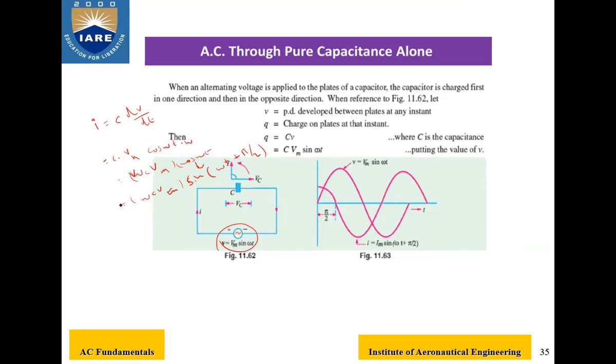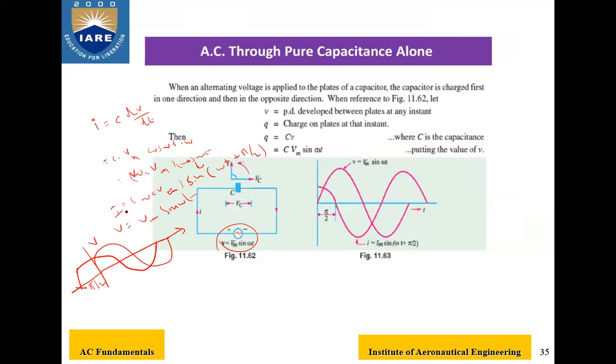So when we compare, this is the current waveform, and the voltage waveform is Vm sin omega t. Plus pi by 2 means that prior to the voltage waveform, before pi by 2 angle, the current waveform is starting. This will be the waveform.